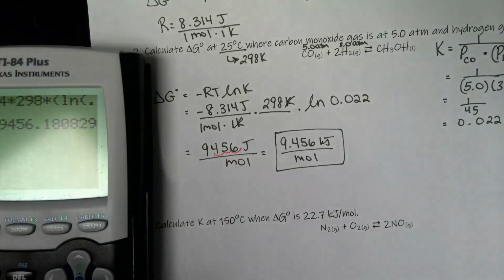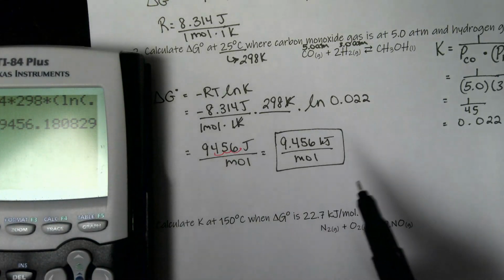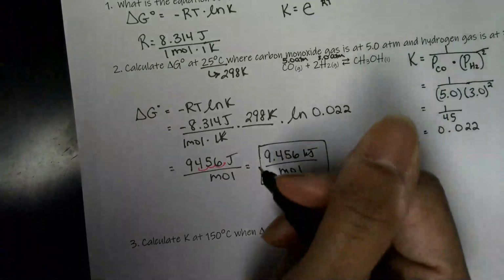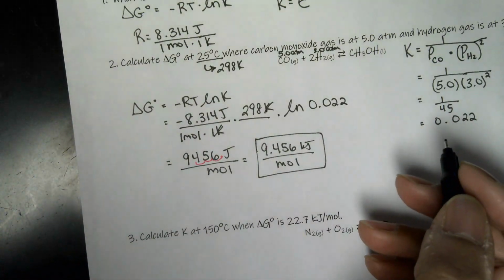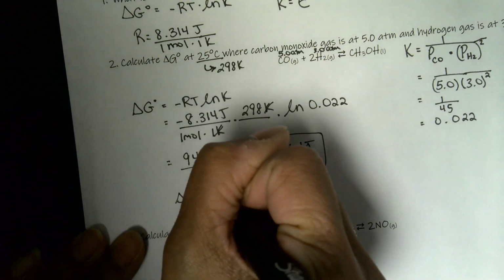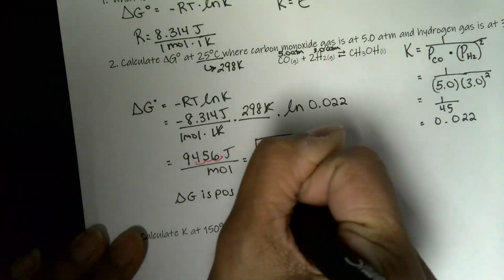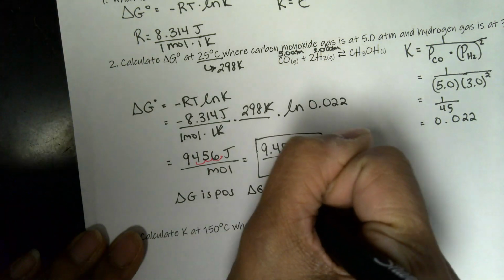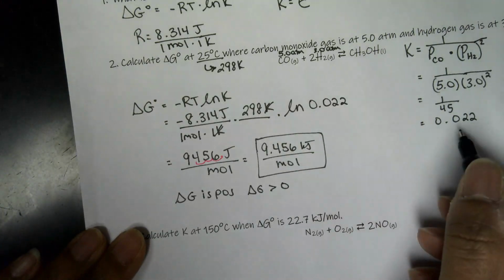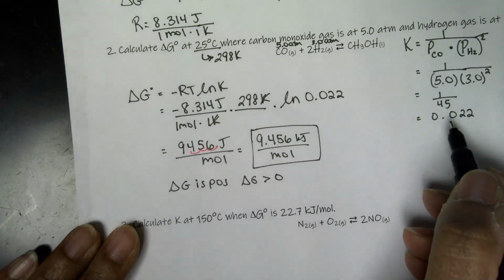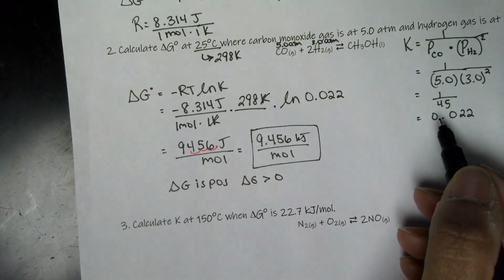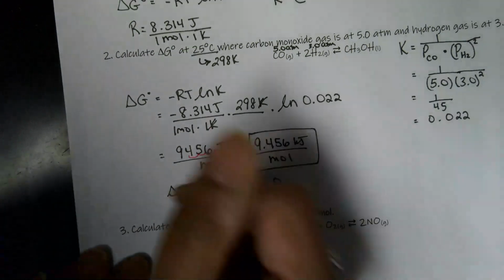So thinking about this reaction, it's positive, right? So if it's positive, it's probably likely not thermodynamically favorable. So delta G is positive, or delta G is greater than 0. Looking at my K, it's really teeny tiny, right? So in this case, my reactants were much larger than my products.